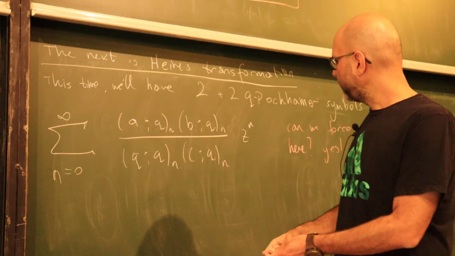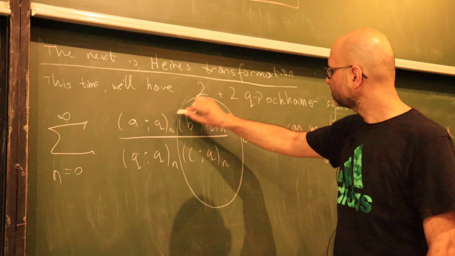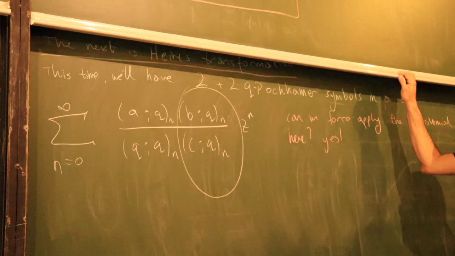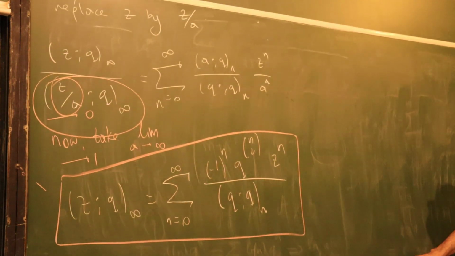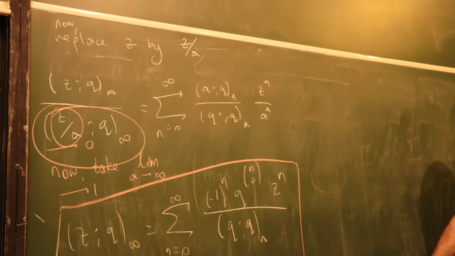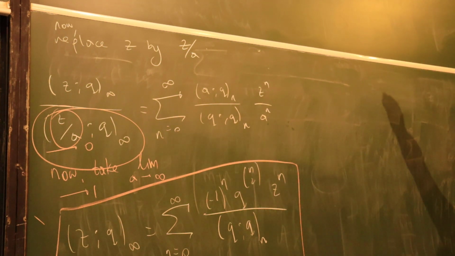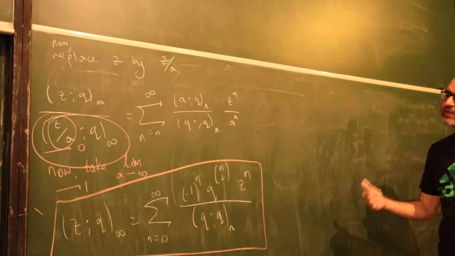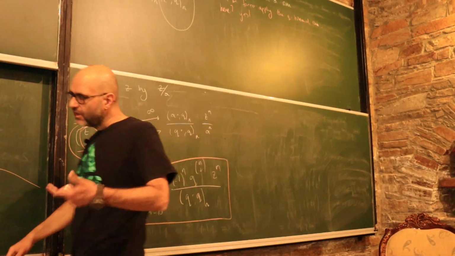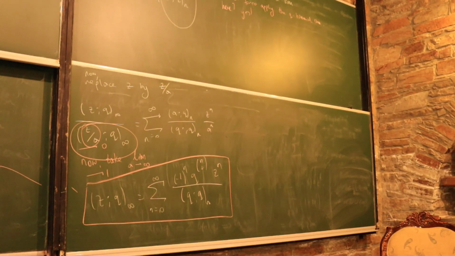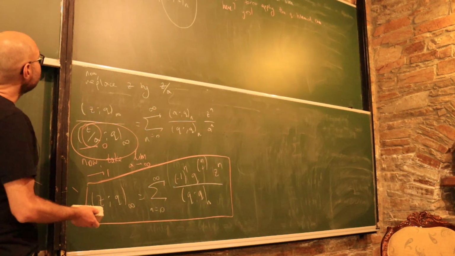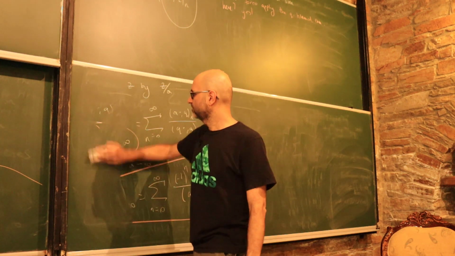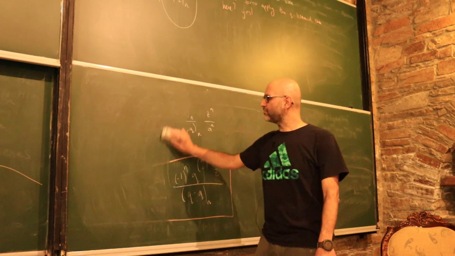How are we going to force the application? We choose these 2 victims and we imagine that they were infinite products. Instead of (b; q)_n, (c; q)_n, if these were infinite products, then we could apply the q-binomial theorem. But unfortunately, they are not infinite products. Can we make them? Yes, we can.